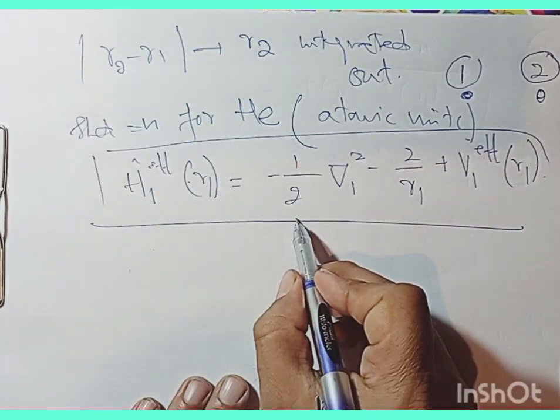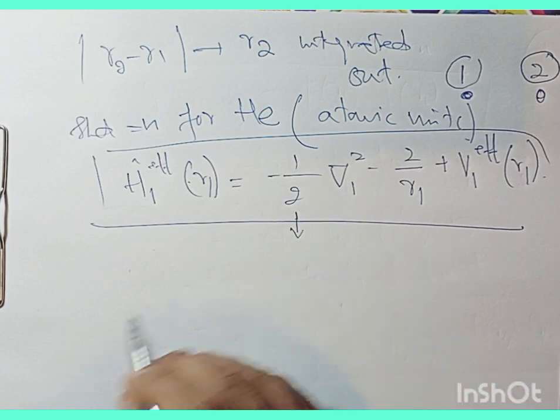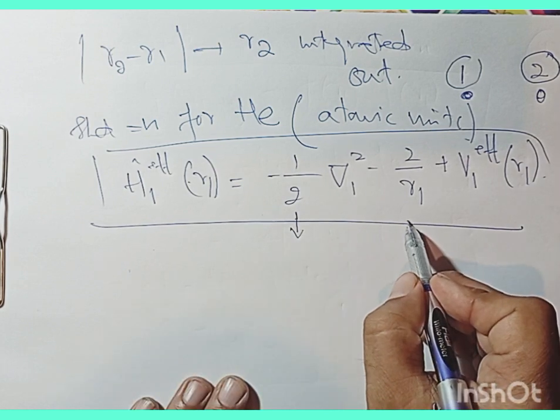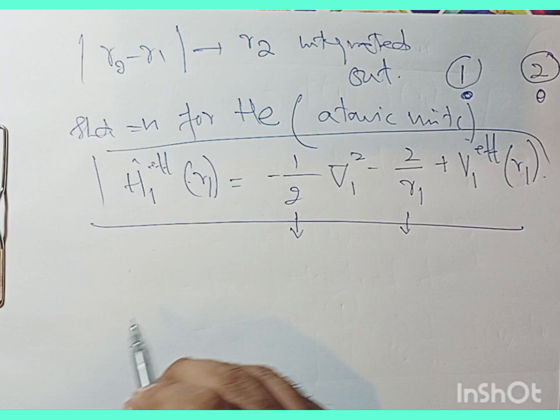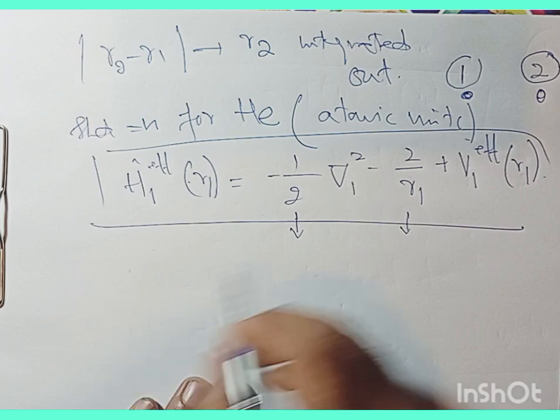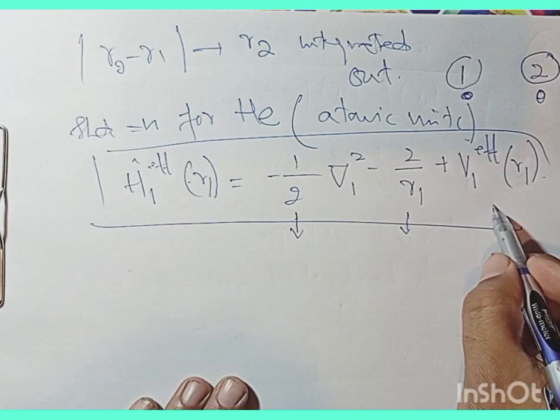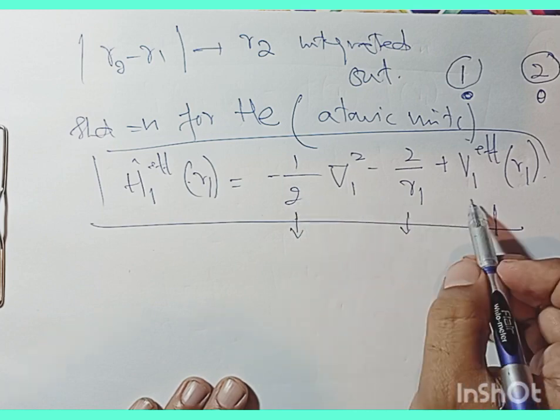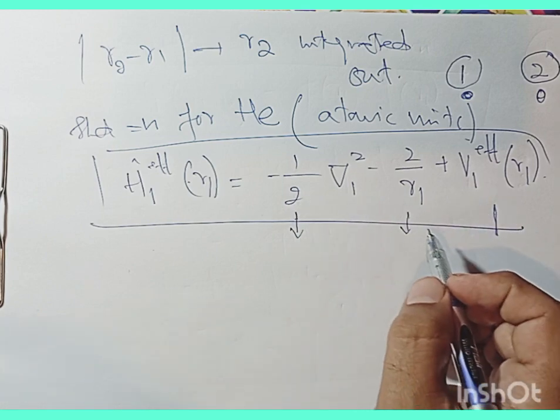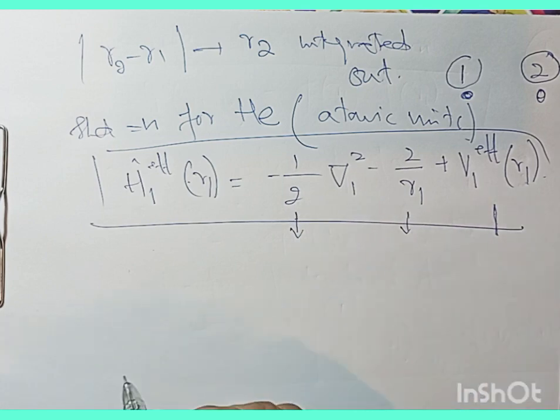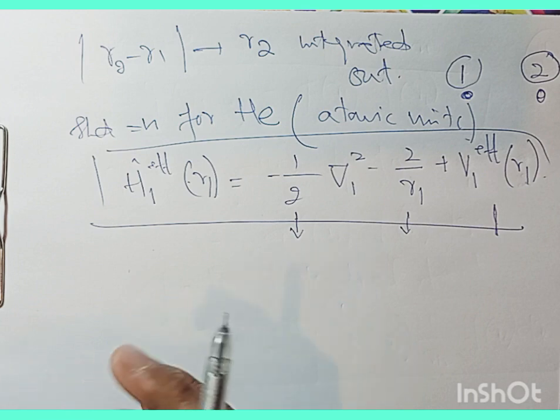This first term is the kinetic energy part of the Hamiltonian, this is the electrostatic interaction between the nucleus and electron 1, and this term is the effective potential felt by electron 1 due to electron 2.